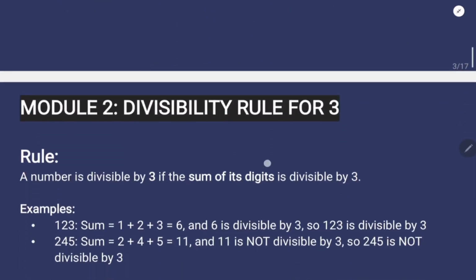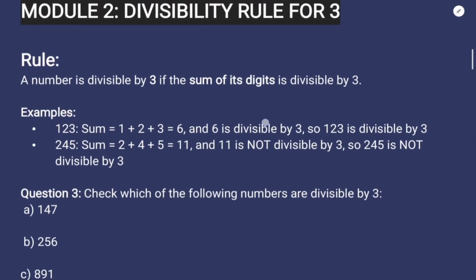Okay. Now we come to the next rule, module 2, that is the divisibility rule for 3. Here I will tell you the method. For 3 and 9 you use the same method. You just check the sum of digits.